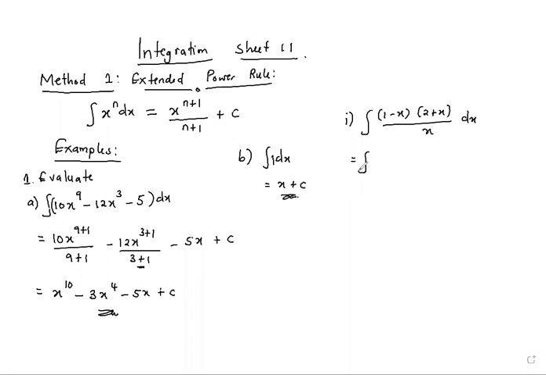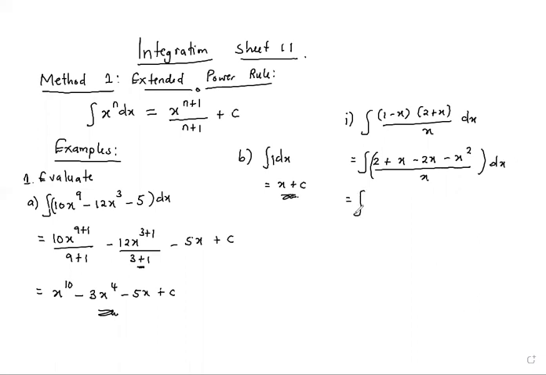You expand. So you have 1 in the numerator. We have 1 times 2, that will give us 2, plus 1 times x, we get x. And then negative x times 2, we get minus 2x, and then minus x squared. Everything we divide by x.